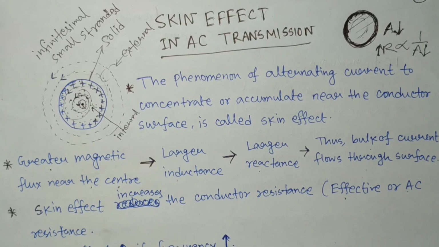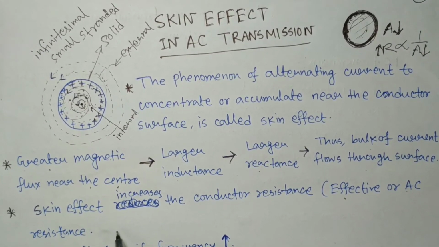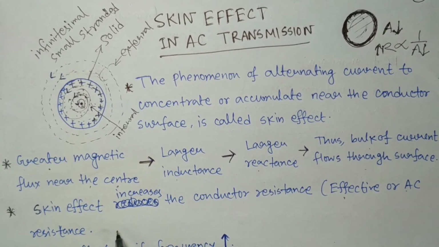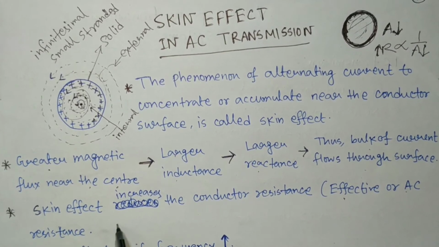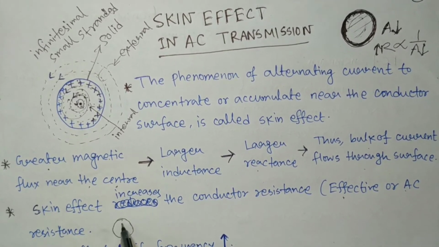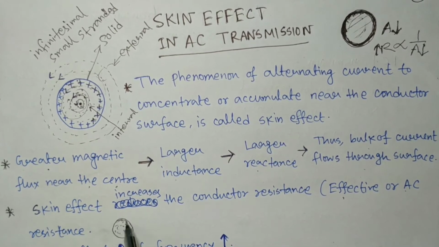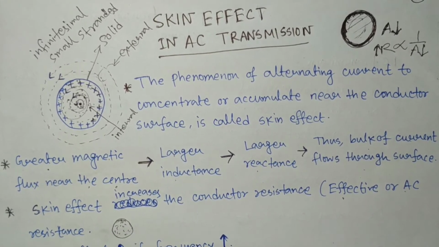What does that mean? Actually, in DC there is no inductance, because DC doesn't have any frequency. So definitely in case of a DC conductor, the charge will be distributed uniformly throughout the conductor. There will be no such case that charge will accumulate at the surface, because there is no such inductance concept.